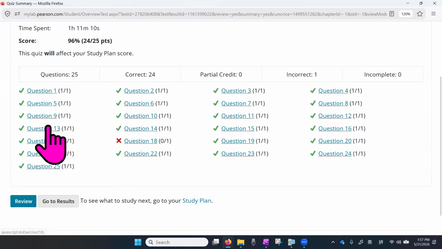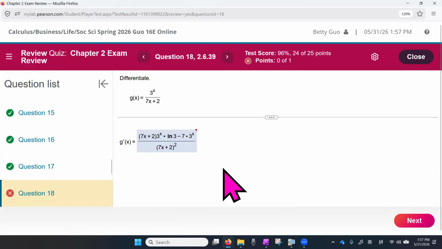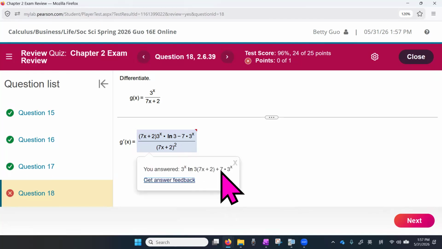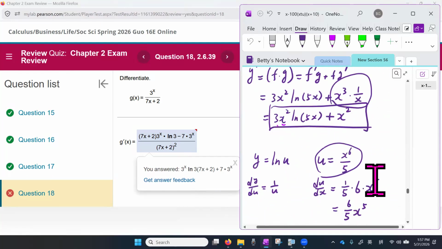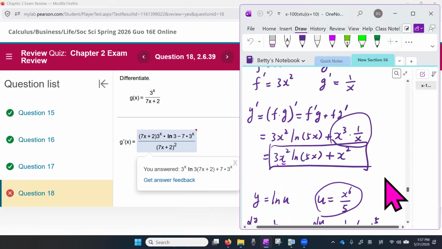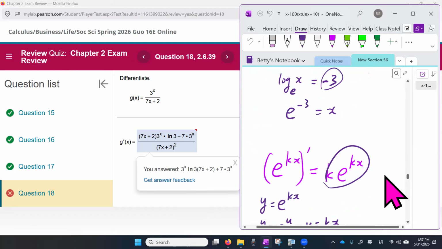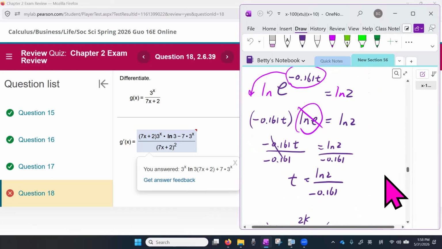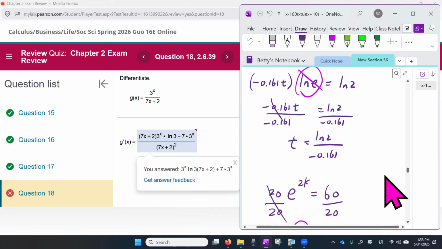Question number 18. We messed up one question here. Oh, I messed up a sign here. Minus 7, yeah, minus. Let me look at my original work.